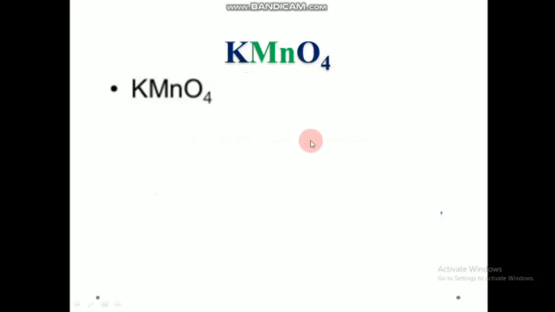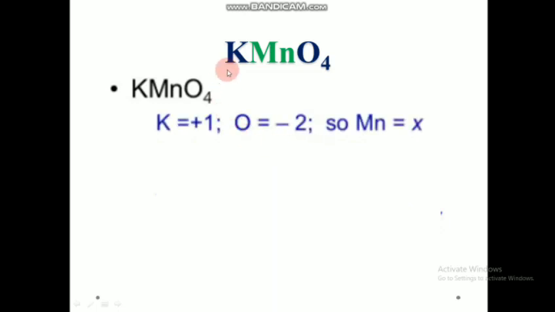And yesterday we told a rule that if there is no net charge in the ion or compound, then the sum of all the oxidation states of each atom will be equal to 0. That we can use to find out the oxidation state of individual atoms in a compound.